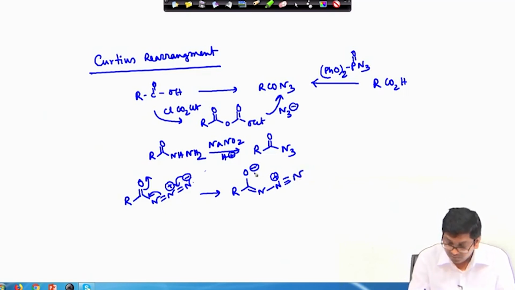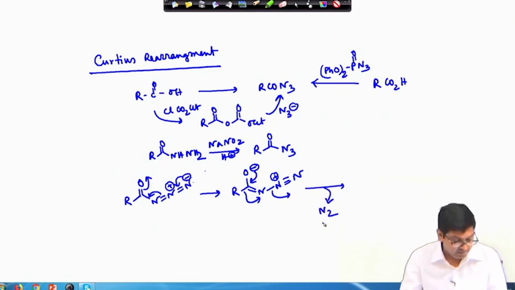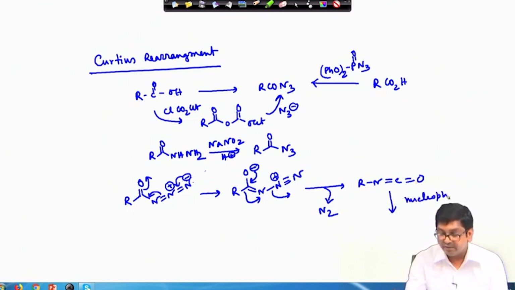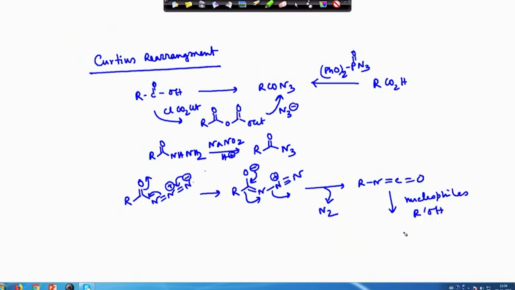Okay. So, now this 1,2 migration can happen to liberate the nitrogen, and give you this isocyanate derivative. Now, various nucleophiles can react, as for examples water, as for examples alcohol, and give you this, can attack over here, and then finally you will get this desired product.